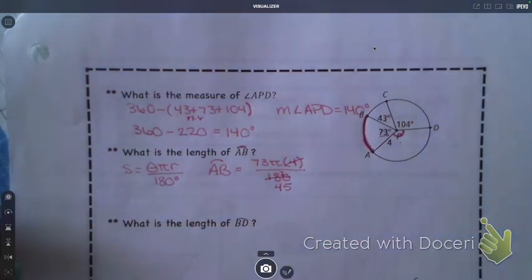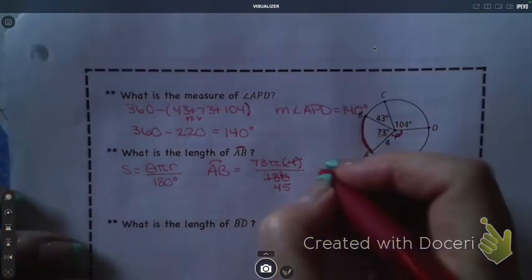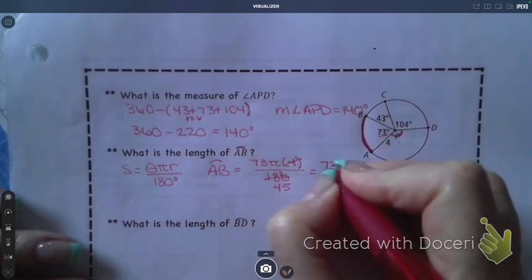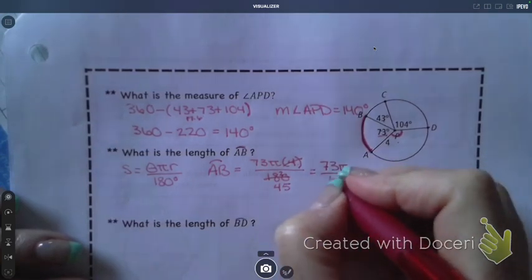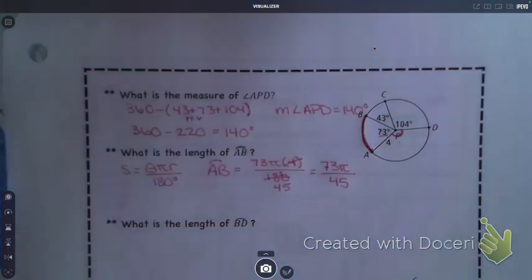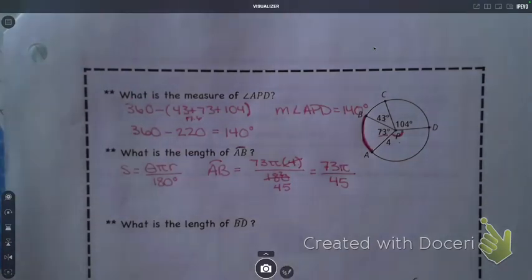Well, 73. Does anything go into 73? No. And 73 definitely doesn't go into 45, and 45 definitely doesn't go into 73, does it? Nope. So my answer exactly is 73 pi over what? 45. Could I put that in a calculator and get an approximate? Yes. But exactly, it's that.